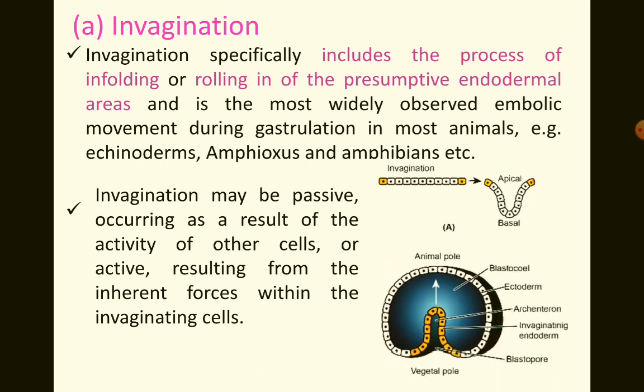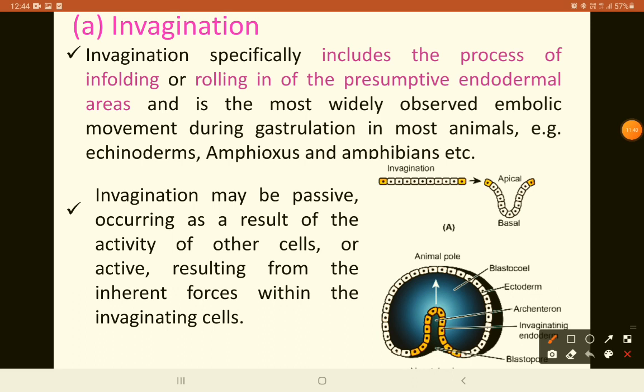Now what happens in invagination? If you look at this diagram A and focus here, this is a single layer of cells, and if it has to undergo invagination, it has to exhibit this inward movement. This is a section of a blastula exhibiting the process of invagination.